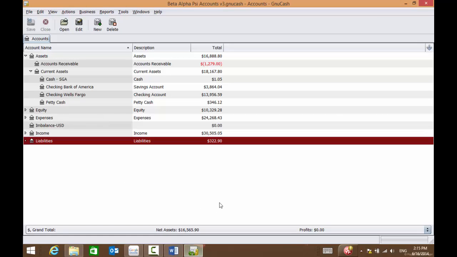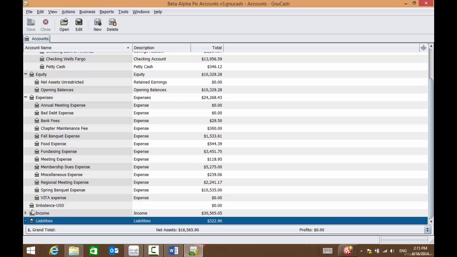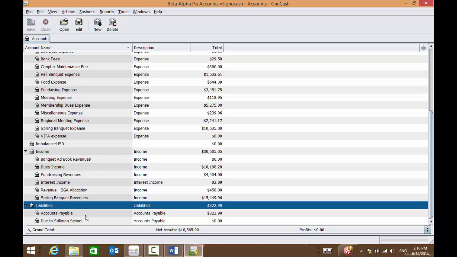Let me just show you something here. This is GnuCash, an open source accounting program, and you can see here my list of accounts. These are the accounting records for Beta Alpha Psi, the Accounting Honor Society. So these are all the different accounts that I have. I have no liabilities. Oh, I have these 2 liabilities here.